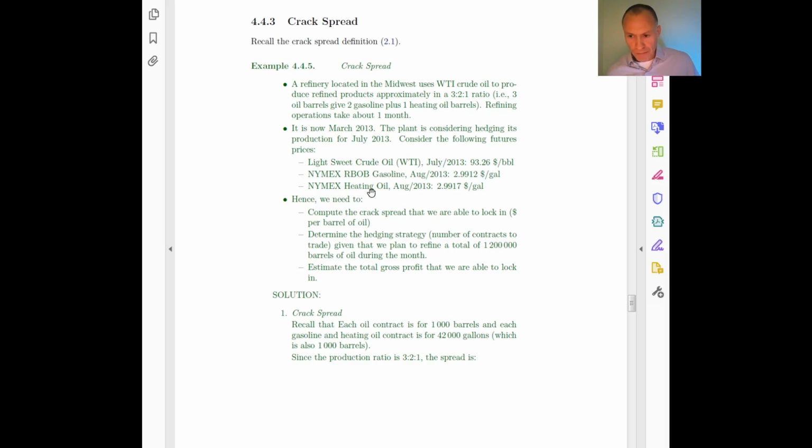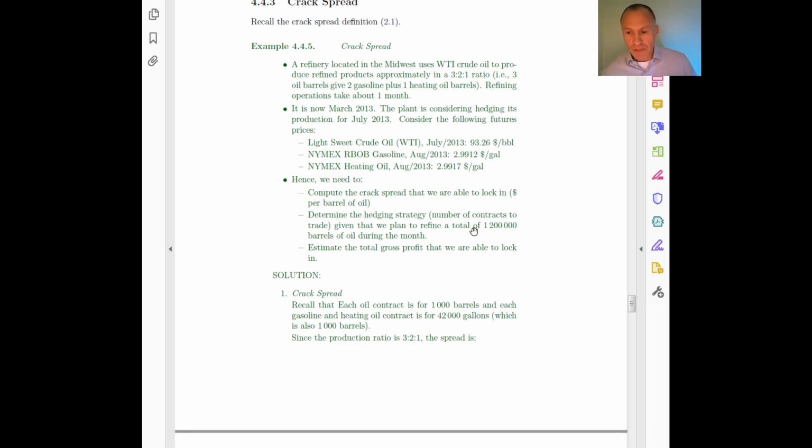So now what we want to do is compute the crack spread, using that definition we have seen before, and then determine the hedging strategy, given that this is the total amount of production we expect to have over that month.